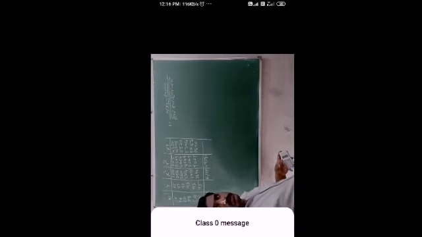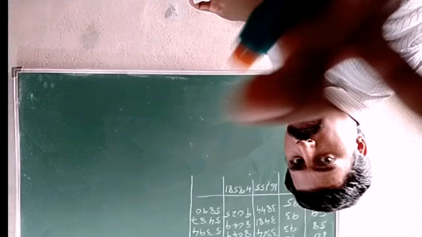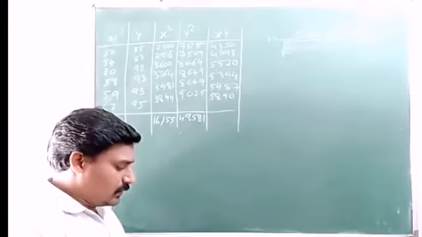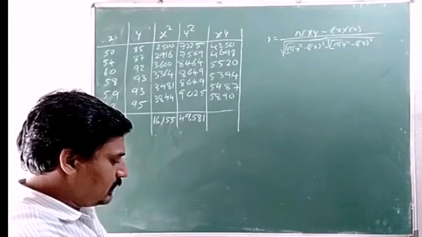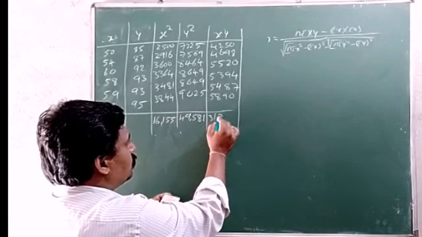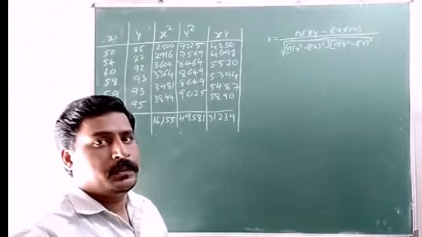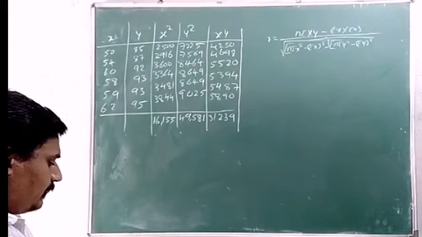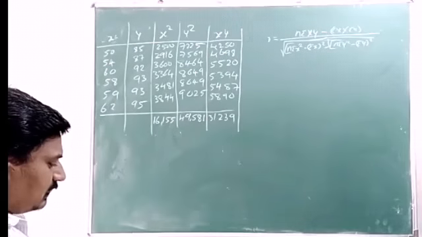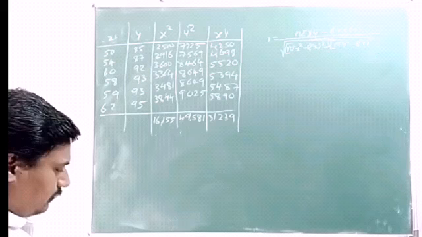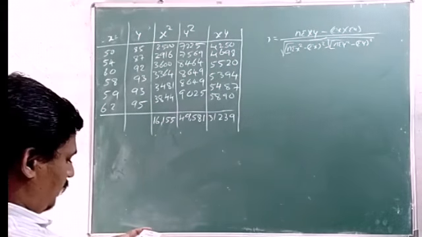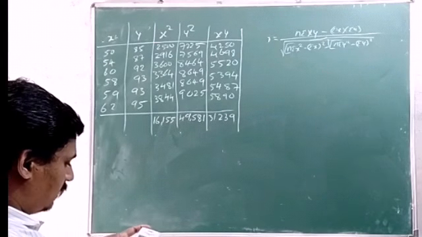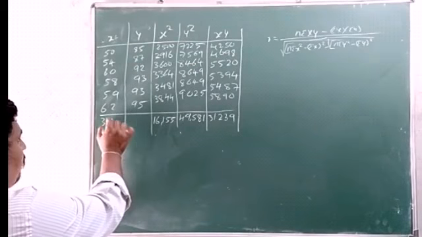So the total of xy column is 31,239. Now x column total and y column total we will find. So x column total: 50 plus 54 plus 60 plus 58 plus 59 plus 62, that is 343.